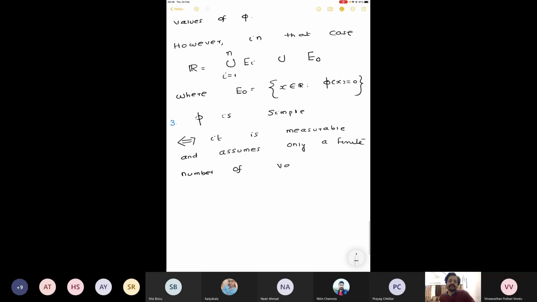One part is clear. By the very definition of a simple function, it is measurable and it has only a finite number of values, alpha_1, alpha_2, etc., alpha_n. Some of the alpha_i's can be 0. Now, conversely, suppose it is measurable and it assumes only a finite number of values. Do you see that phi is simple?